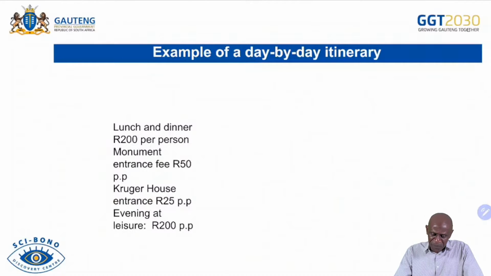At the Monument, you would have an entrance fee of 50 Rand per person, and at the Kruger House, you'll have an entrance of 25 Rand per person, and evening at leisure is 200 per person. So this is a breakdown of activities and the cost thereof.